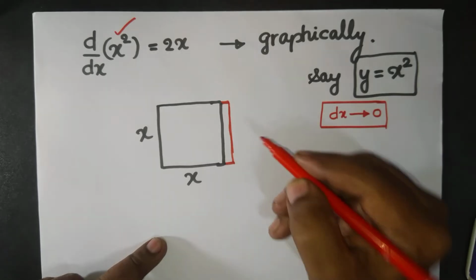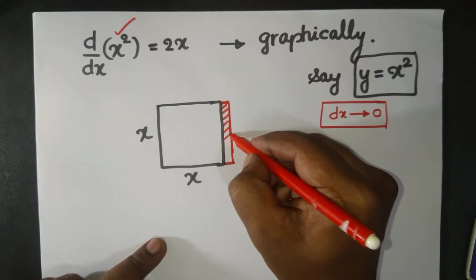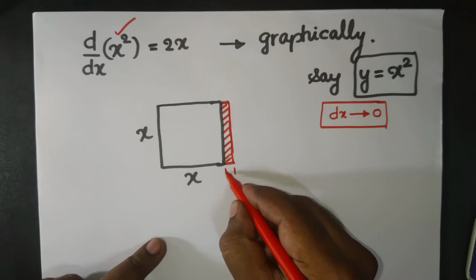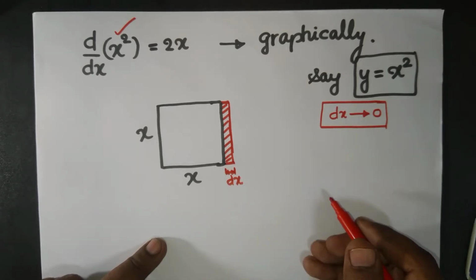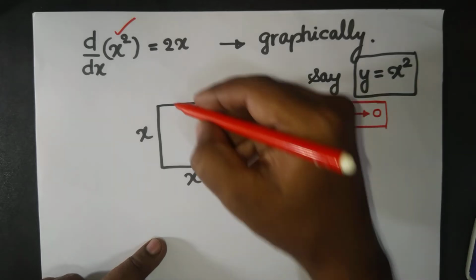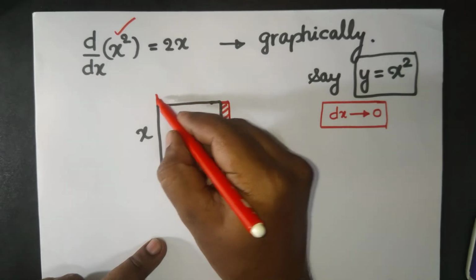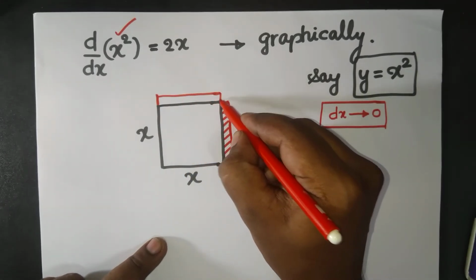So we have increased our x by a tiny amount, and this tiny increment is what we call dx. And not only here, also we have to increase here, right? So the same tiny amount we have to increase here as well.